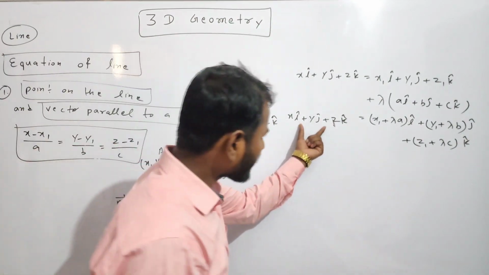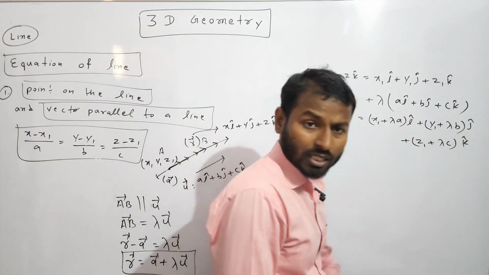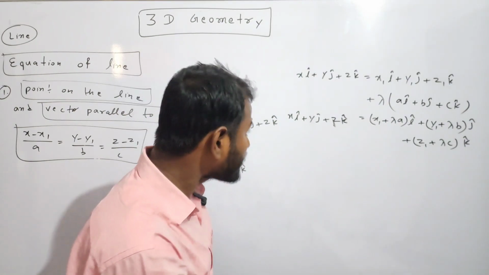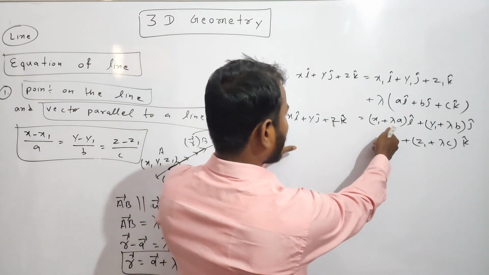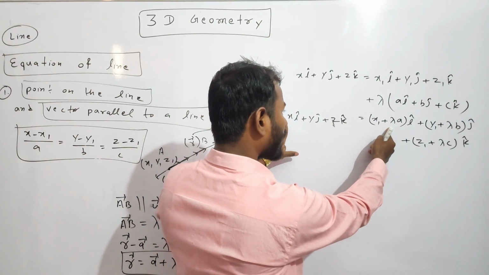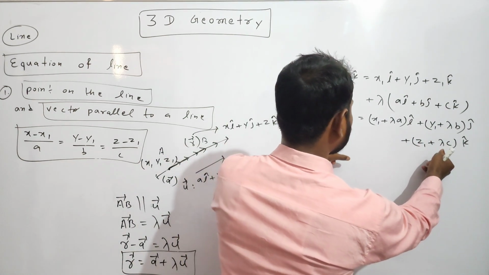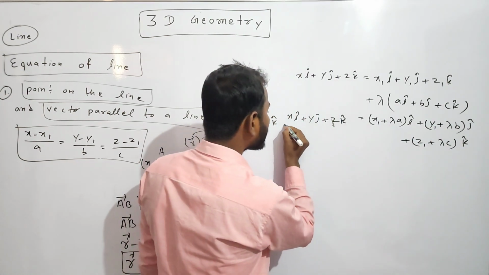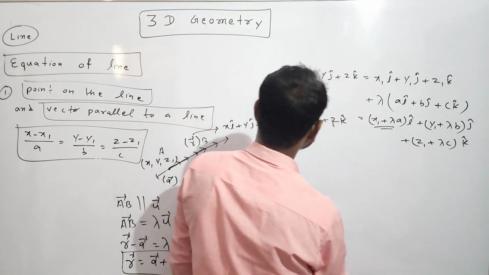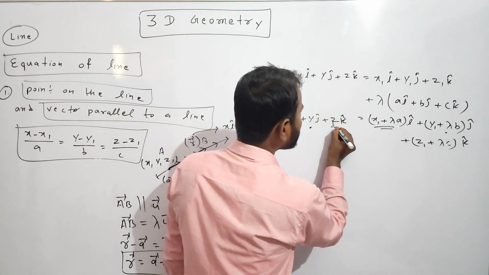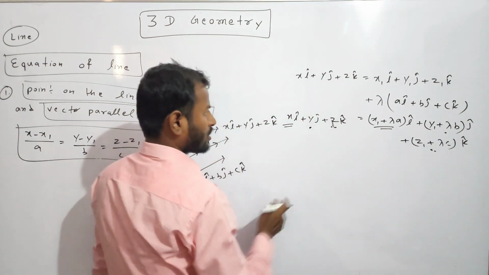Now this vector is equal to this vector. If two vectors are equal, that means the coefficient of i cap must be equal, the coefficient of j cap must be equal, and the coefficient of k cap must be equal. So we can write x is equal to this, y is equal to this, and z is equal to this.